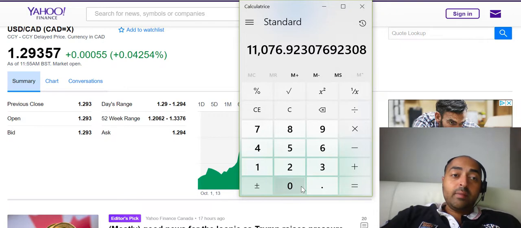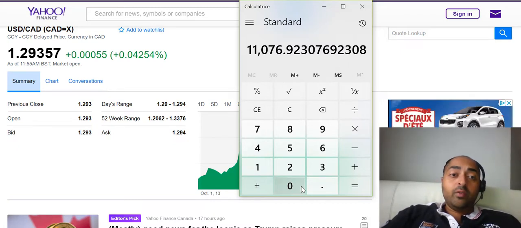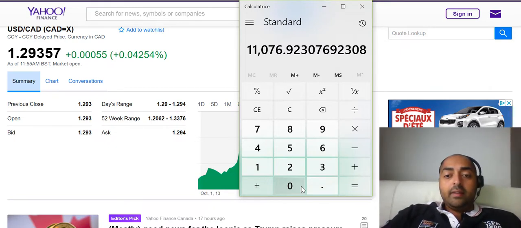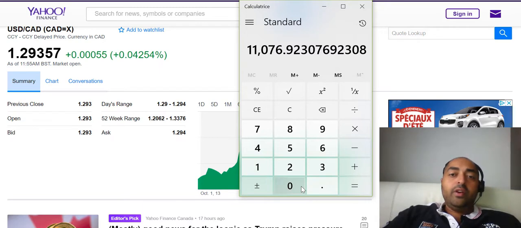Maybe keep your money in Canadian and look for Canadian stocks. Or if you do decide to convert at 1.3, then make sure to keep your money in US until the US dollar goes back up or goes above the price that you converted at. So if you converted at 1.3, you should only convert back at, let's say, 1.38 or 1.35.